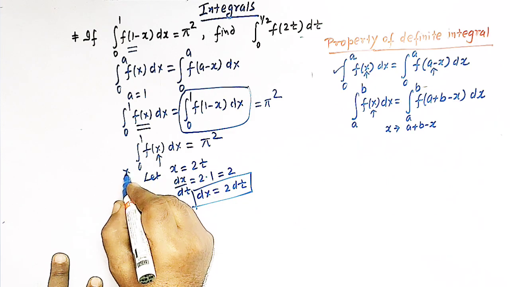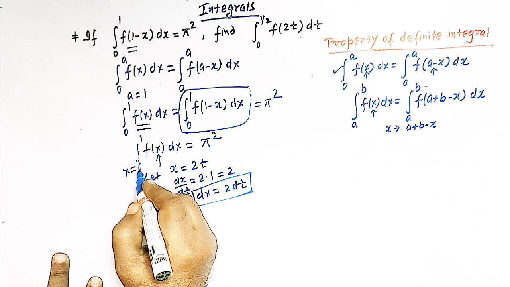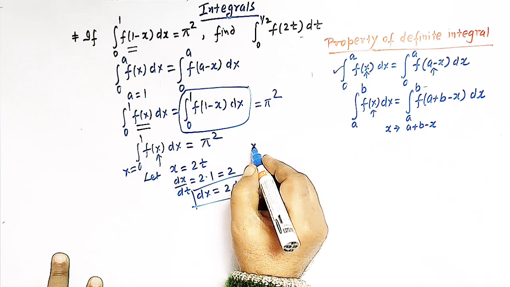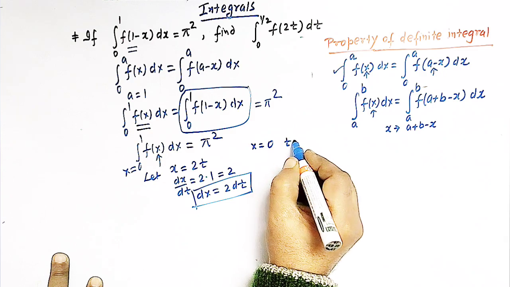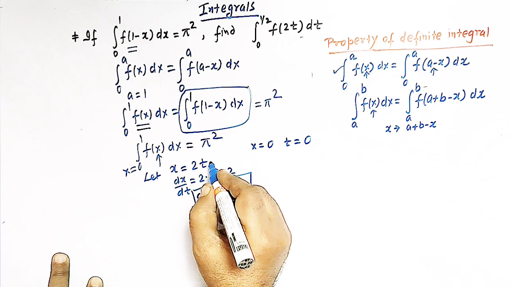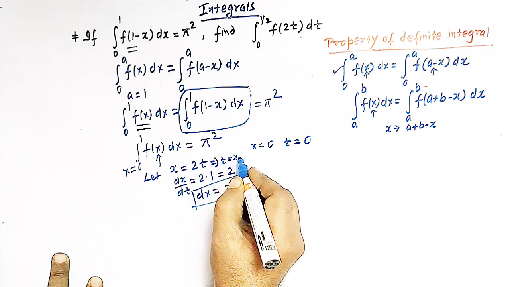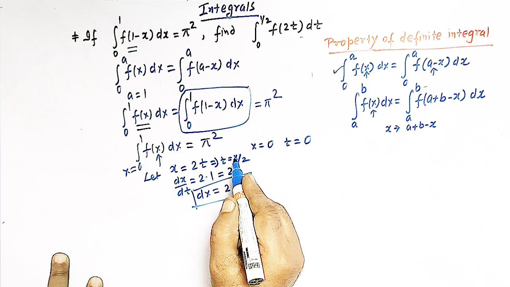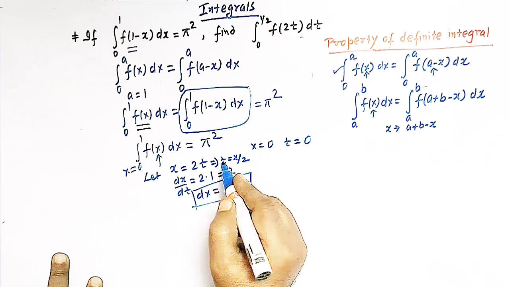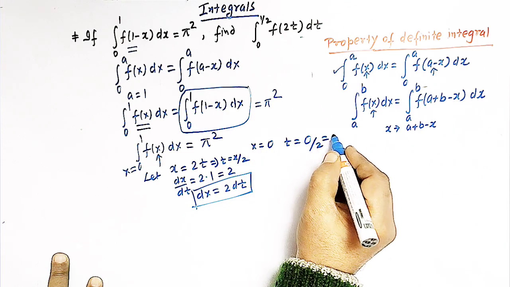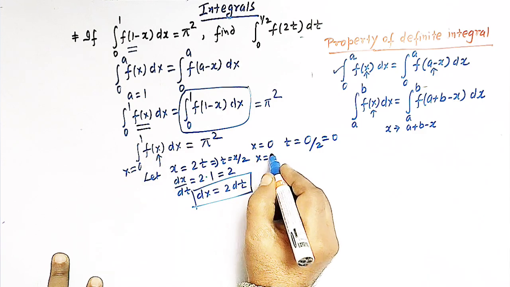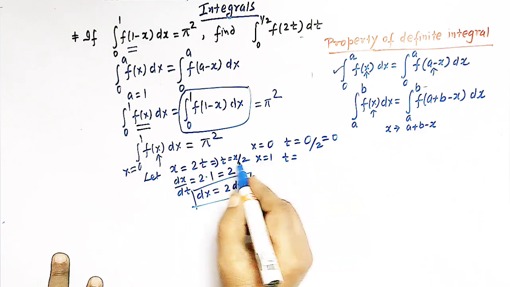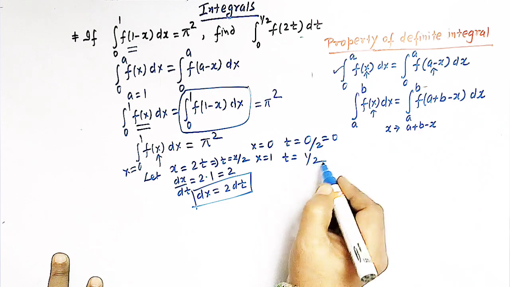And here the limits of integration vary from 0 to 1. So when x is equal to 0, the value of t is also 0, because t is equal to x over 2. And when x is equal to 1, then t is equal to 1 over 2, that is half, right?